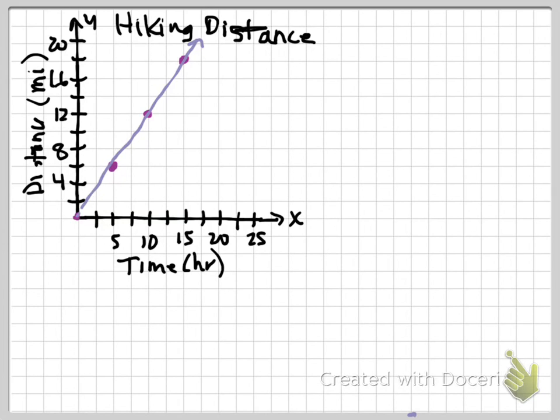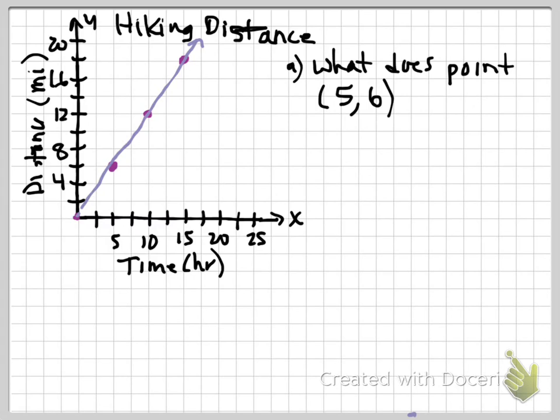So the first question we might ask is, what does the point 5, 6 represent? So that would be the lowest point, not the 0, 0, but the lowest point that's on there. So what would that actually represent in words, the 5, 6? Joy? But what does it represent in this specific one?